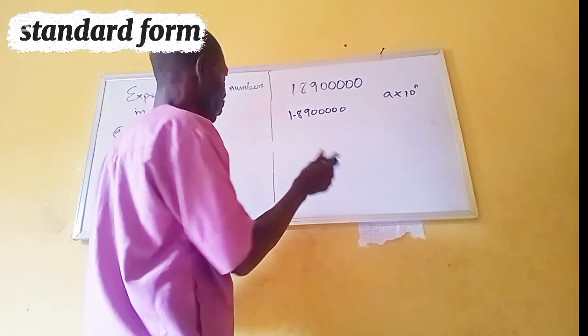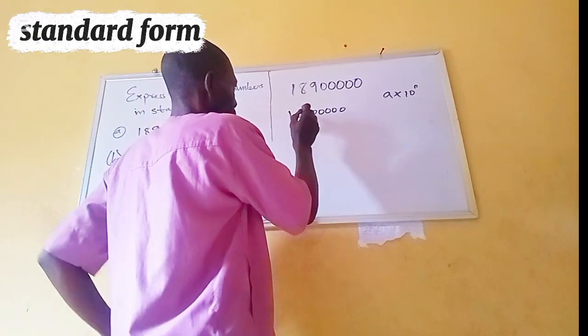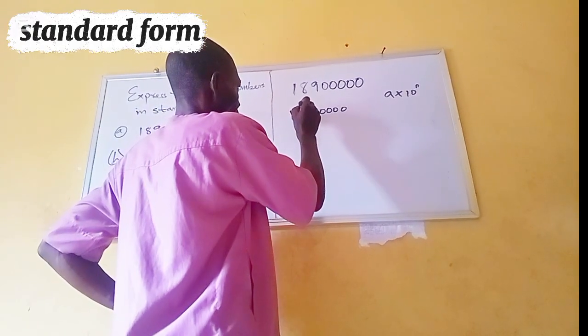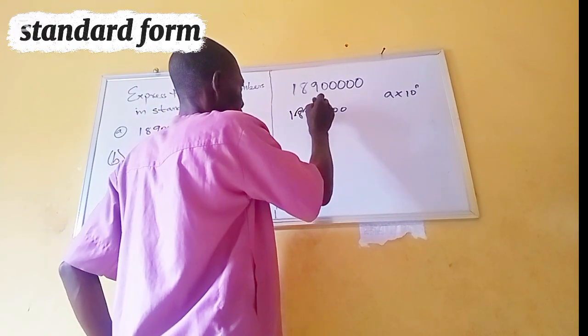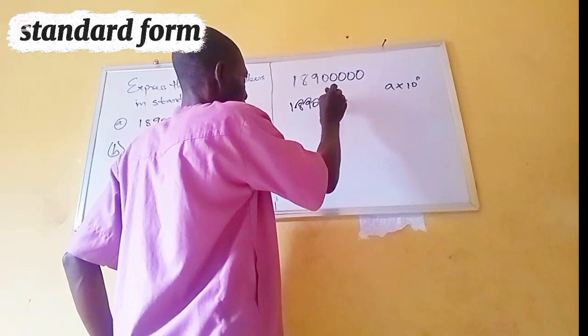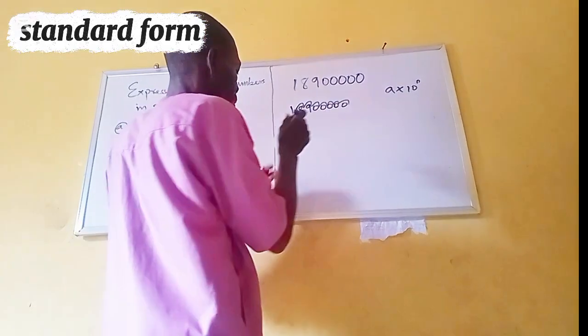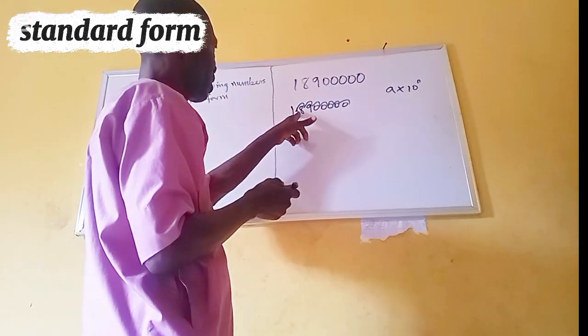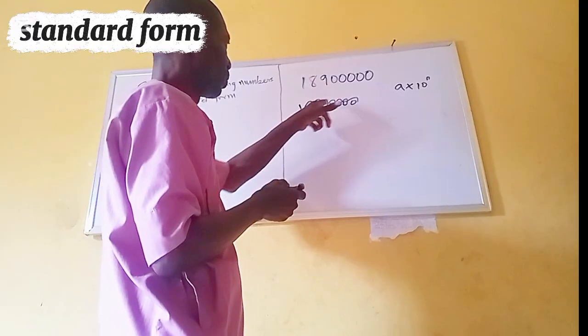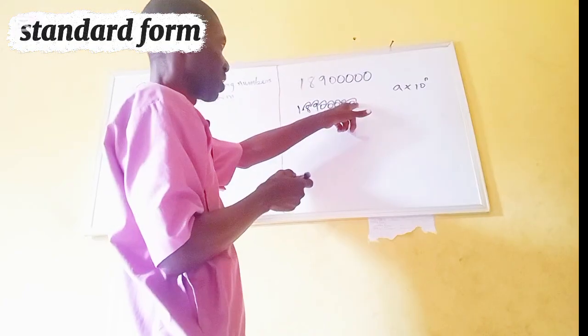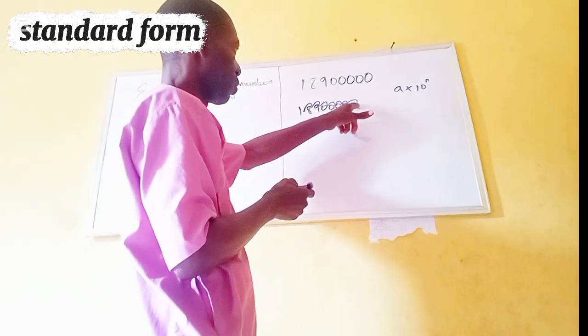Then you count: 1, 2, 3, 4, 5, 6, 7. So this decimal point has moved 7 places.